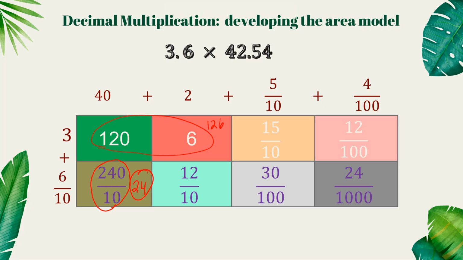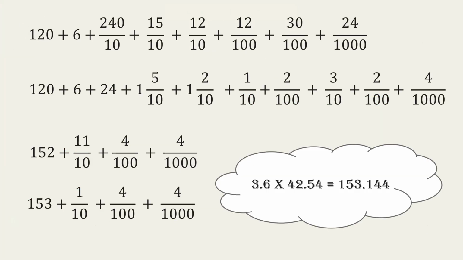So I have 126 plus 24 plus all of these other ones. Let's write it down like this. And you might be thinking, oh my goodness, that's a lot of writing, right?